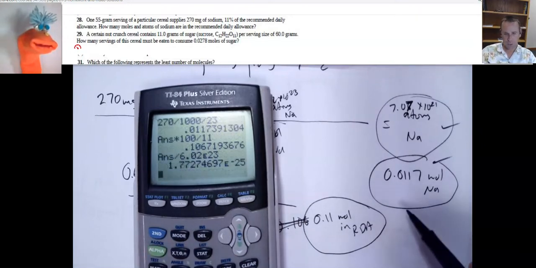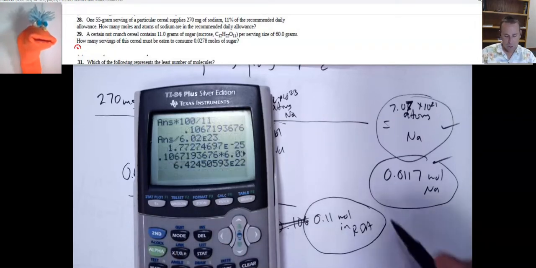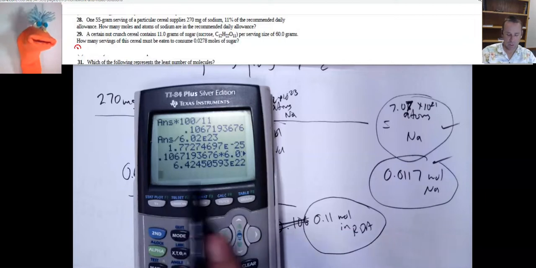And that gives me 1.7 times 10 to the minus 25. Oh, no, sorry, we want to times it by. Because that is how many there are per mole. So times by 6.02 times 10 to the 23rd. So 6.4 times 10 to the 22nd. That is how many atoms are in the recommended daily allowance.